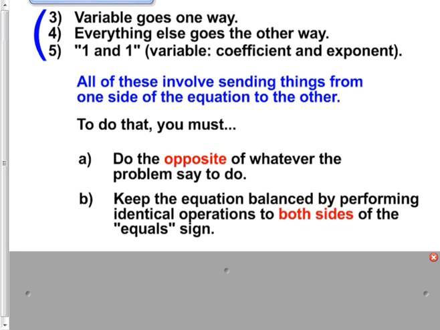If you are going to do something new to the problem, you absolutely, positively must do the exact same thing to the opposite side of the equal sign. Now, the other side of the equal sign did not want that to happen, but that's not the problem. The problem is we changed one side of the equal sign, you have to change the other side exactly the same to keep the equal sign balanced.